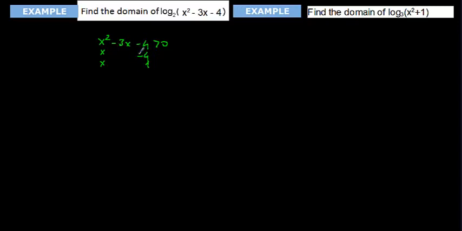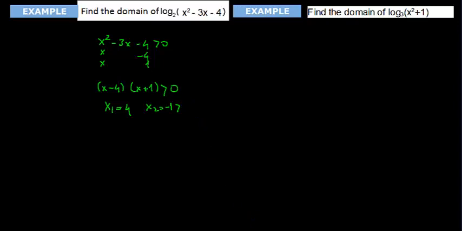Then minus 4 times minus 3 is x minus 4 times x plus 1. Minus 4 times plus 1 is equal to minus 4, and minus 4 plus 1 is equal to minus 3. It must be. Okay, then greater than 0: x1 is equal to 4 and x2 is equal to minus 1.